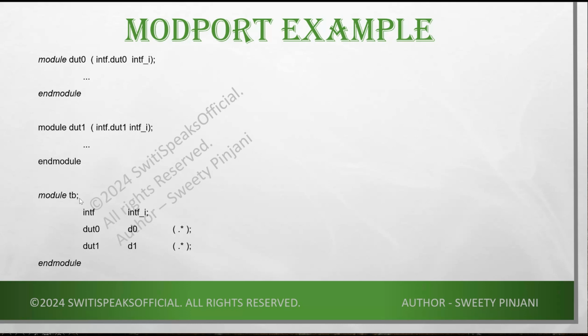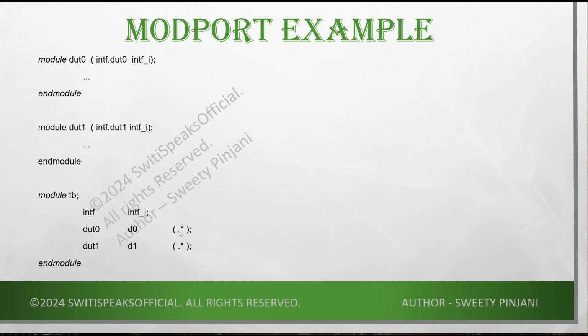And then I have a test bench in which I am creating an instance of the interface. I am creating instances of both the DUTs, giving the instance name of the DUT and giving dot star. Now what this dot star will do is connect all the design ports to the relevant interface ports.